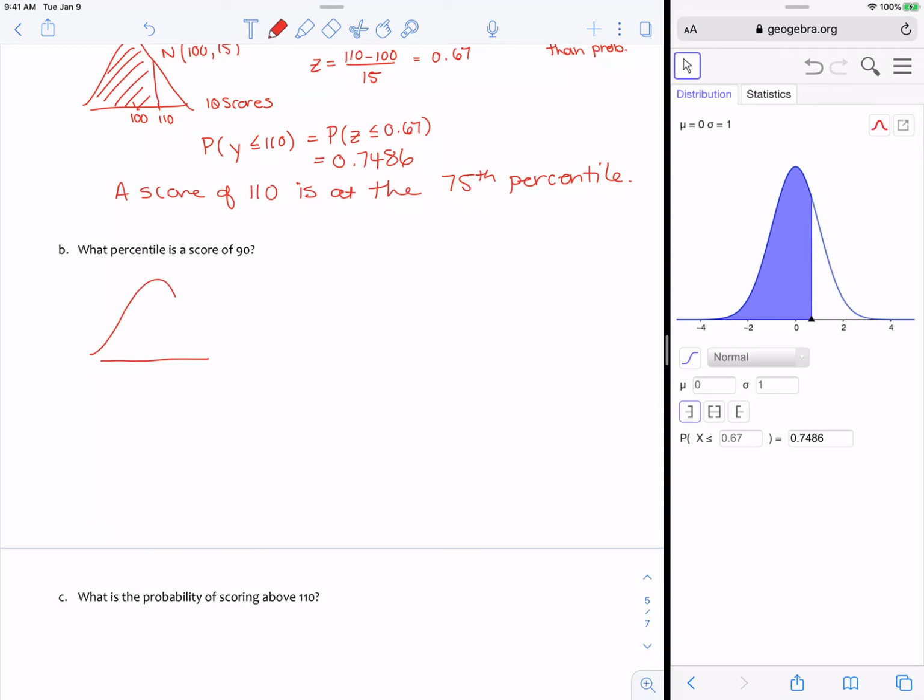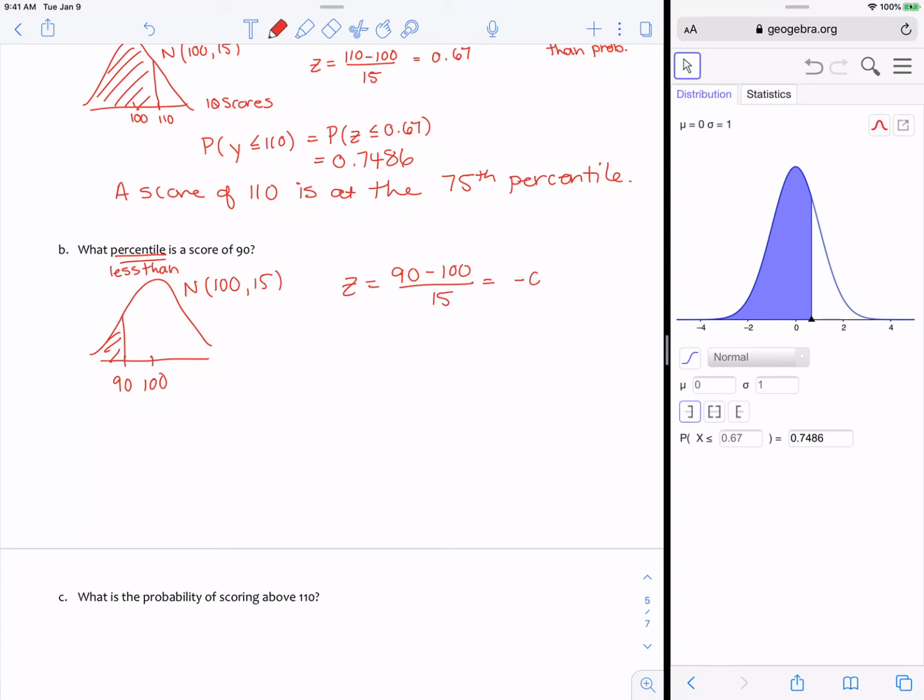So we can draw our normal model. Even if it doesn't look normal, it's meant to be by this labeling. There's our center. Score of 90 is over here. Percentile means less than percentage. Okay, and so then we need a z-score. That's going to be our data value minus the mean divided by the standard deviation.